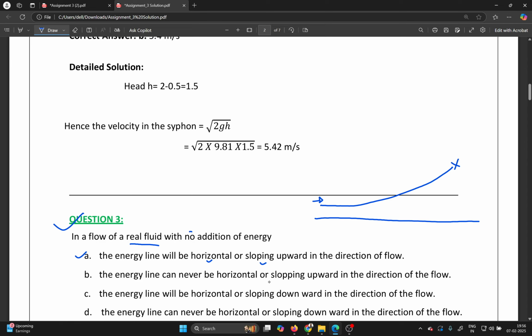Oh, this is also wrong. It may be sloping, or it may be horizontal upward in the direction of flow. Okay, let me read very carefully. The energy line can never be horizontal or sloping upward in the direction of flow.